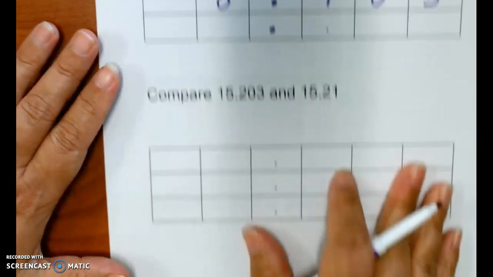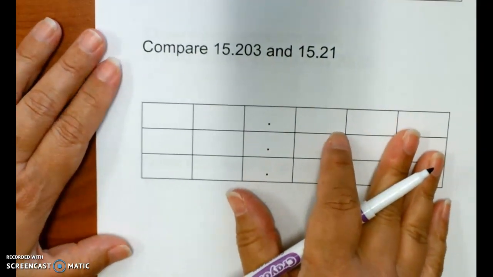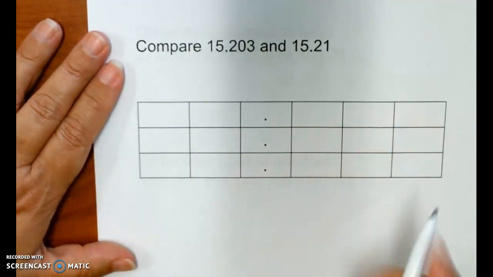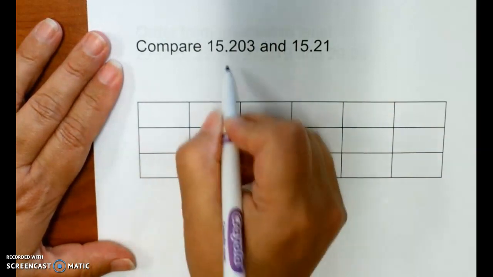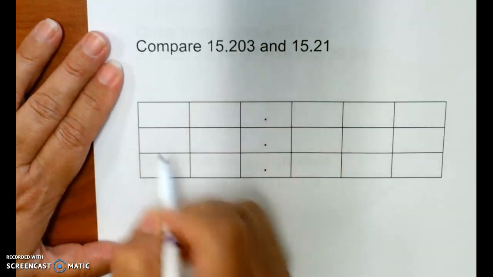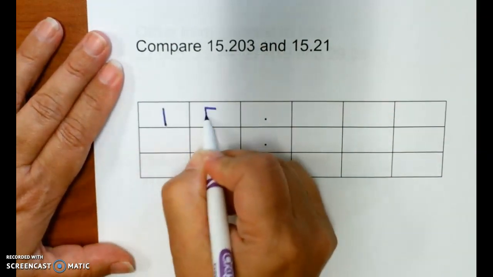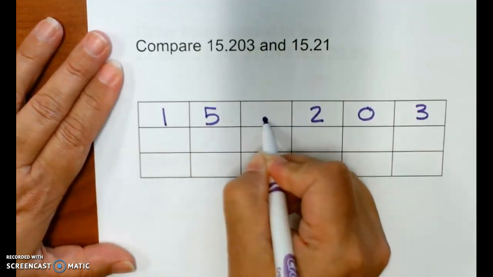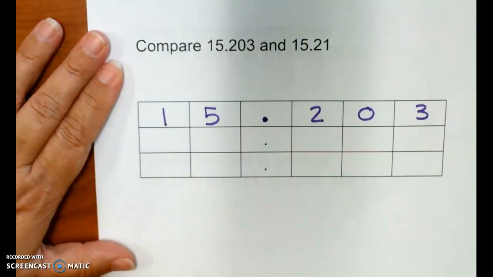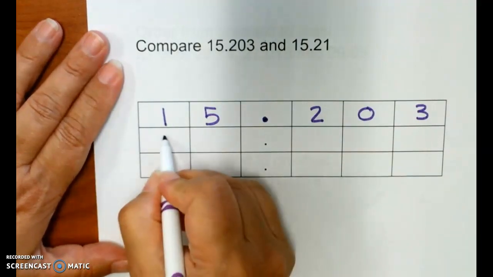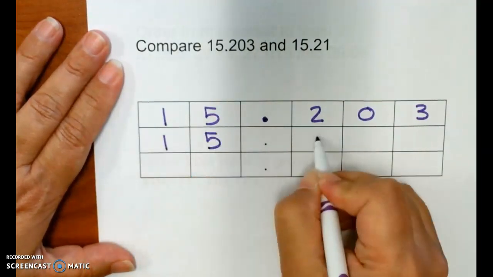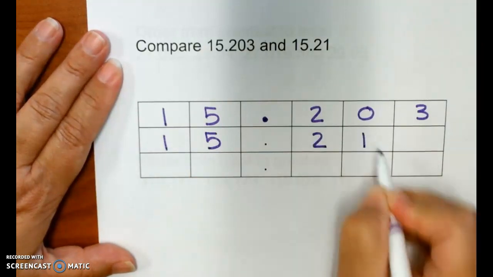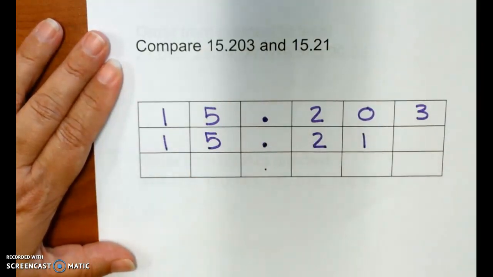Okay, let's compare 15 and 203 thousandths. This time I got the decimal in the right spot. 15 and 203 thousandths compared to 15 and 21 hundredths.